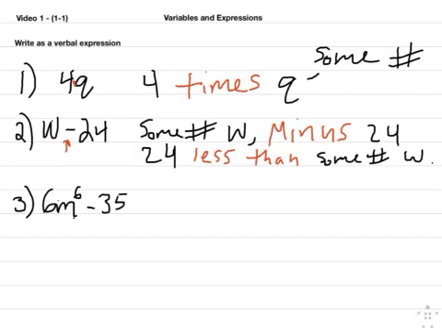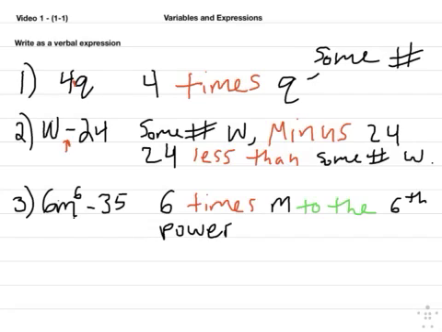So we'll start with 6 times some number m to the 6th, or the 6th power if we want, and then again we have minus 35. 6 times some m to the 6th minus 35.